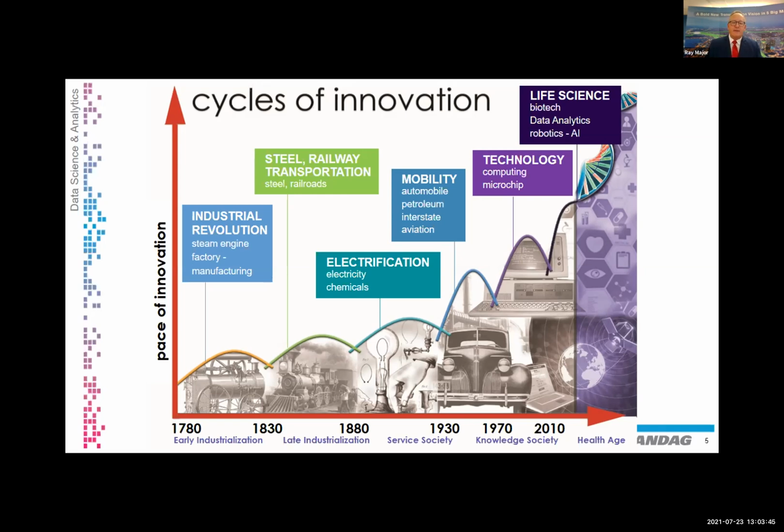And since the 1970s, it has really dominated the whole economic landscape, and everything has really been built around computing. But starting in 2010, we started to enter what was known as the sixth cycle, which is really defined as a life sciences cycle. It has to do a lot with biotech and AI and machine learning and drone technology, but none of this could have happened without the computing. What's interesting here, though, is that the data and the information that is coming from the ability of computers to process it is really what's driving this new cycle. Next slide.